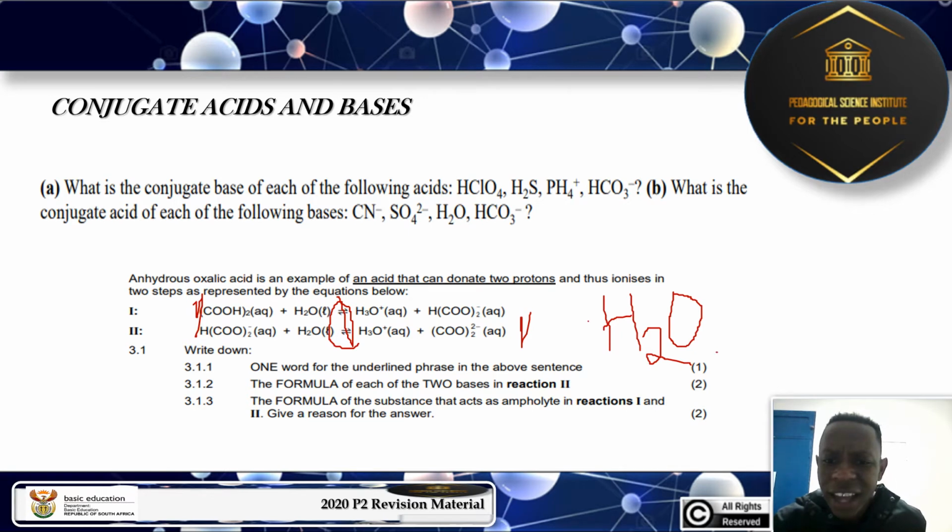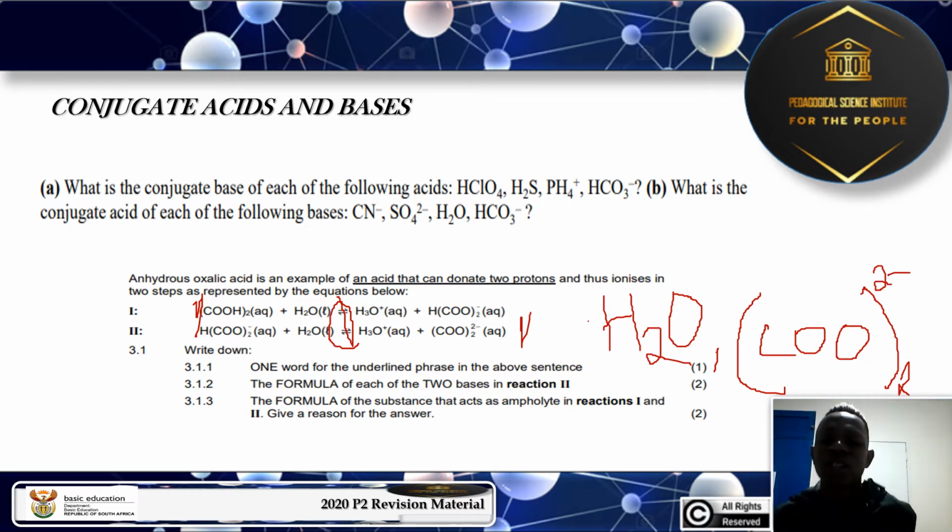So the other base that we have is C2O4 2 minus.